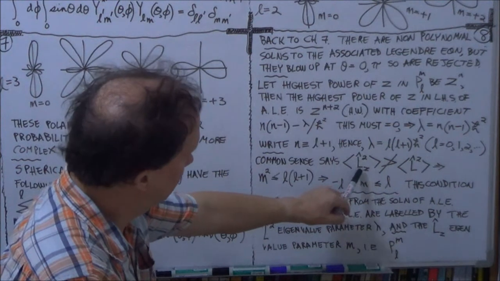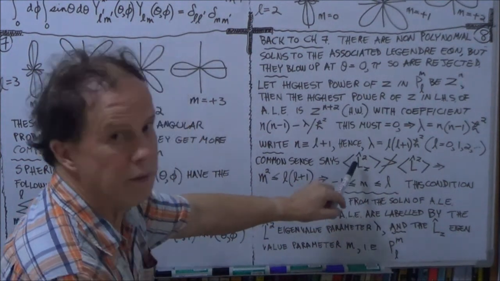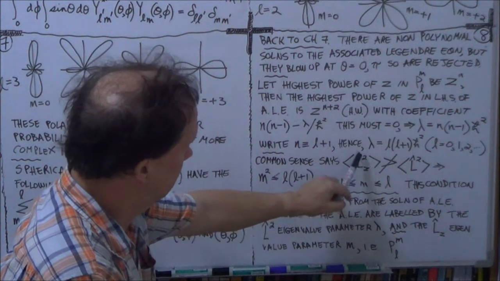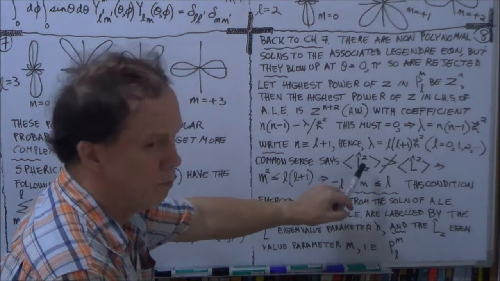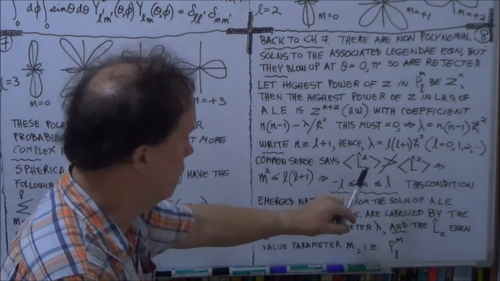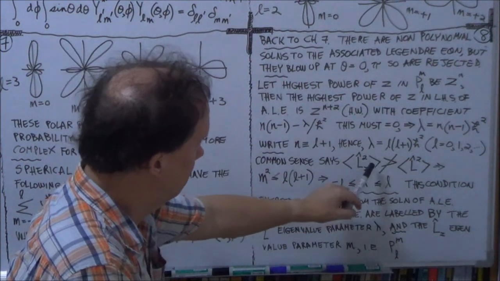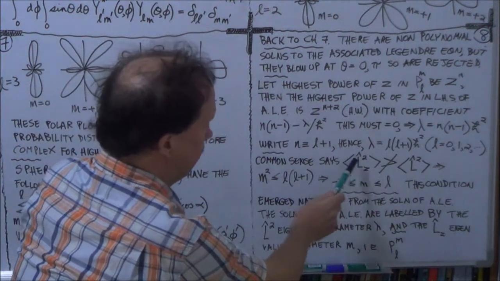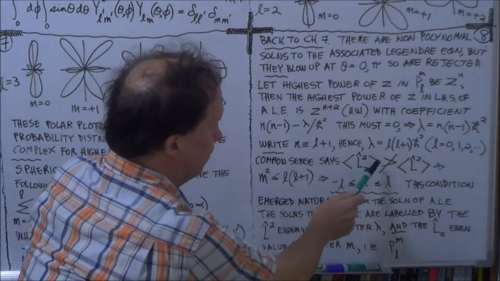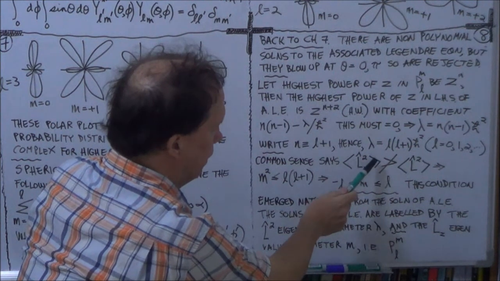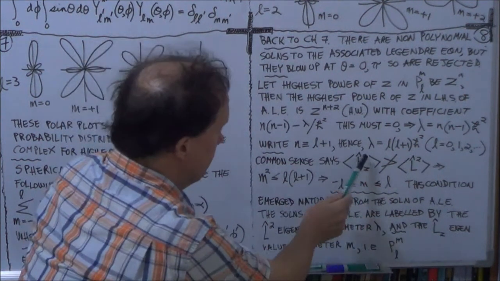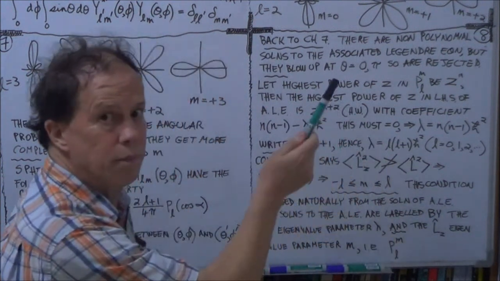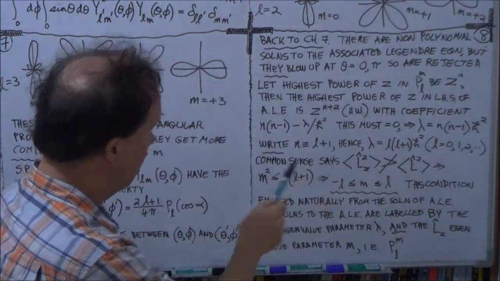Well, now this is an expectation value. So the L squared operator, if you plug in the eigenequation, this is shorthand for bra psi, operator, ket psi. So L z of psi will give you m psi.